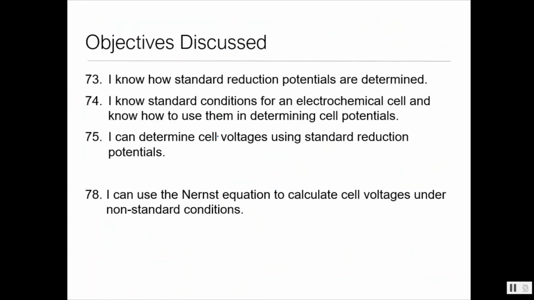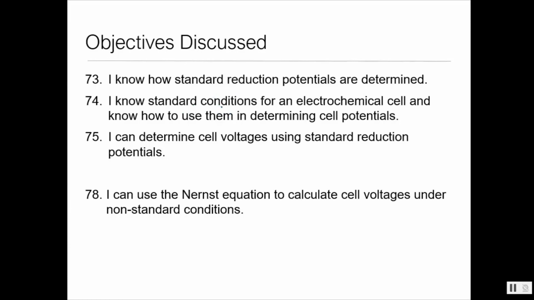So from this video, I hope that you came to learn how to calculate your standard reduction potentials and what the standard reduction potential means. Again, it's a potential, so you're looking at potential energy, and it's the amount of energy stored in those electrons. So the greater that difference, the higher the voltage will be on your battery, and you'll be able to power devices that require more electric energy.